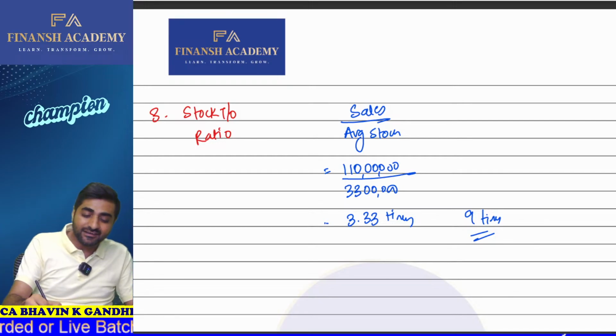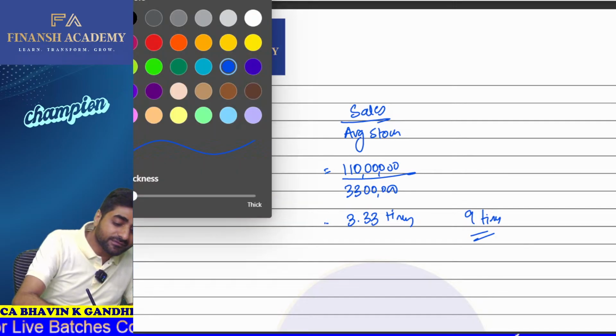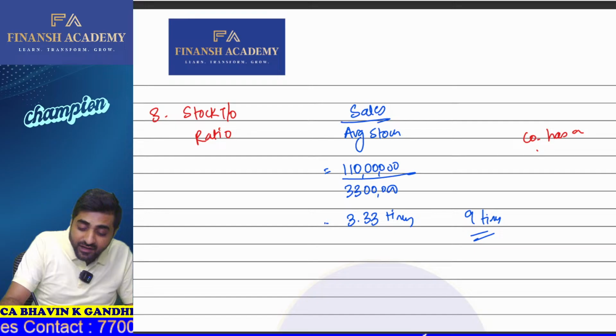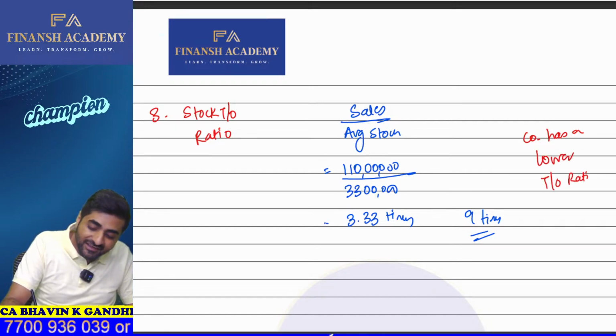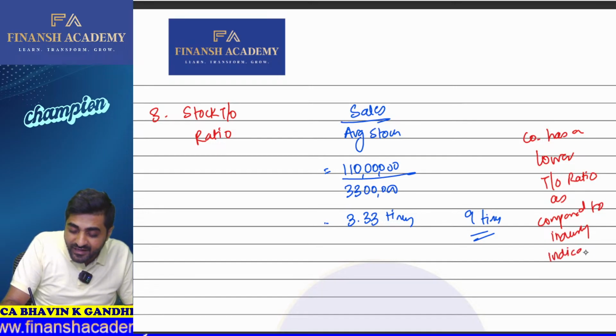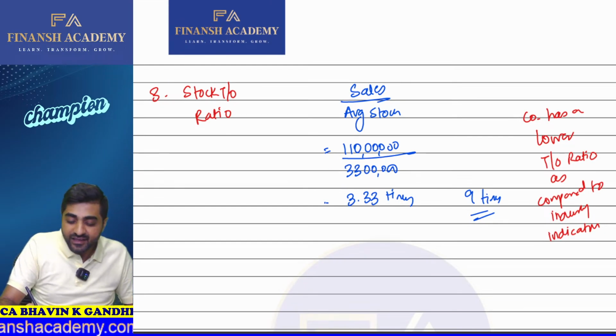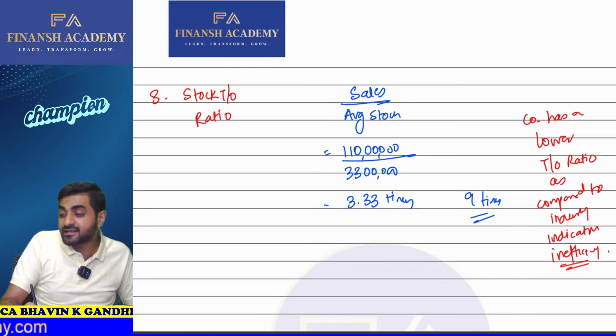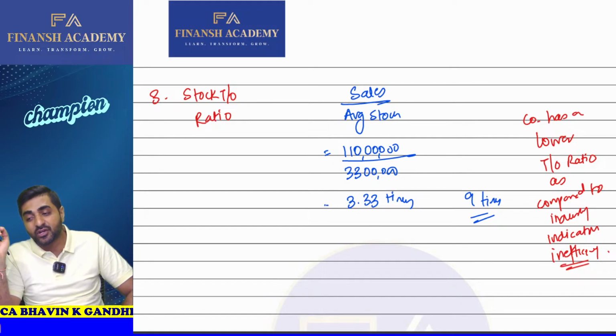So we will write down here: company has a lower turnover ratio as compared to industry, indicating inefficiency. Can I say this indicates inefficiency? Come on, yes or no? Yes, sir. There is inefficiency.